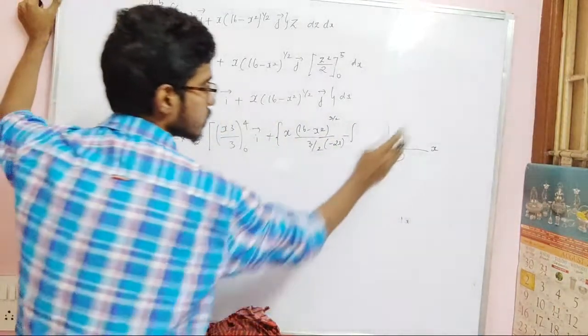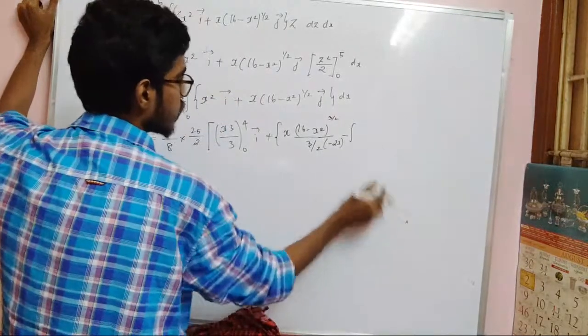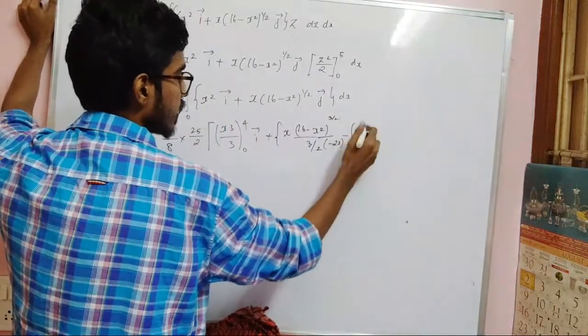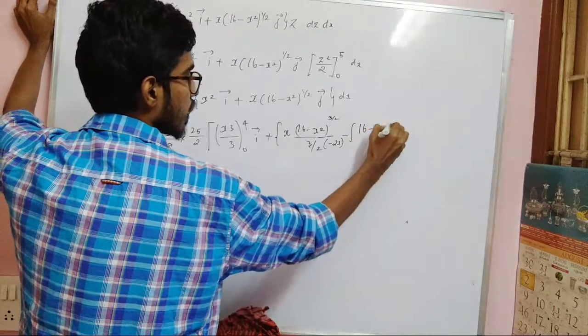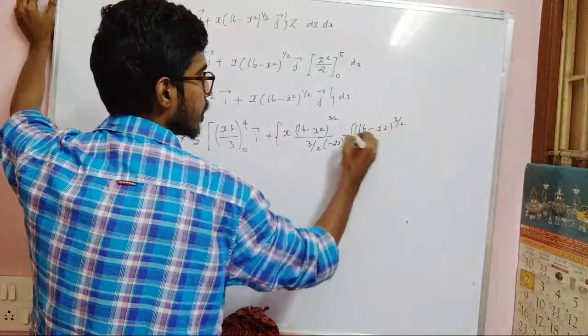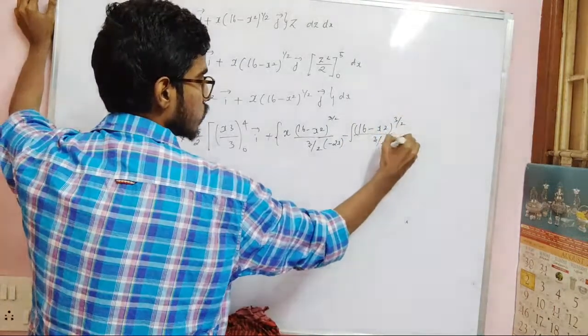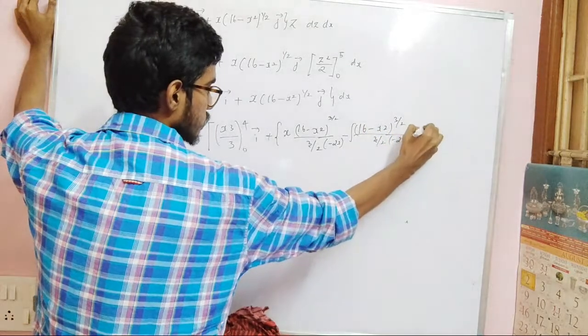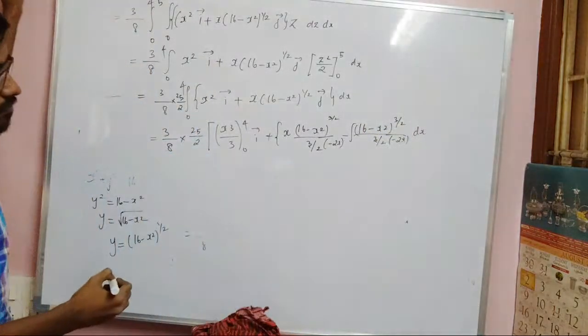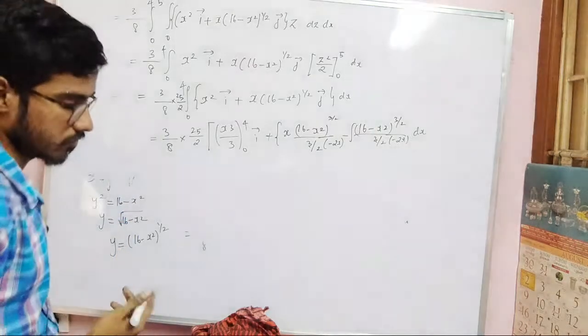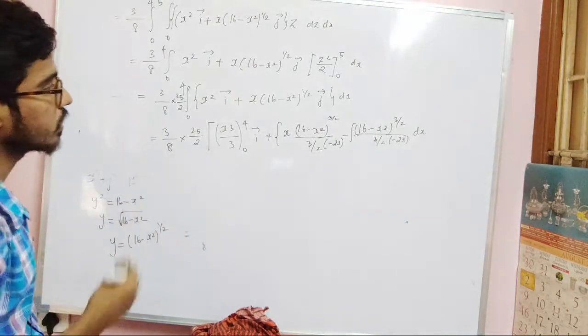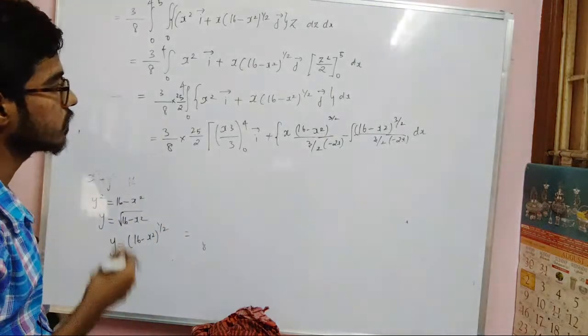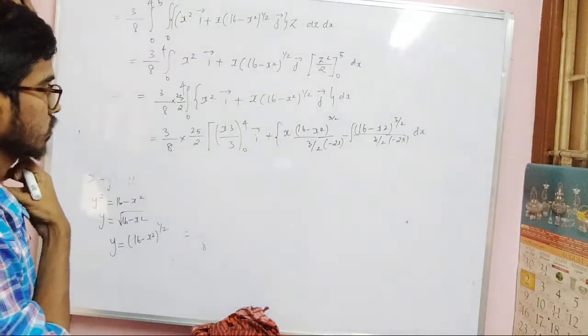So v du is v, again 16 minus x square whole power 3 by 2 by 3 by 2 into minus 2x into dx. So again we need to integrate u by v.